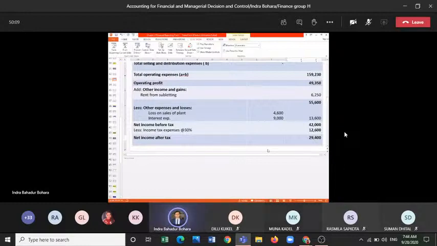Okay, we prepare the income statement, or multi-step income statement. So net income after tax 29,400.